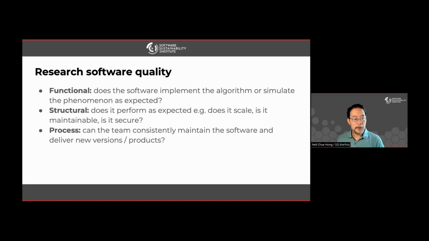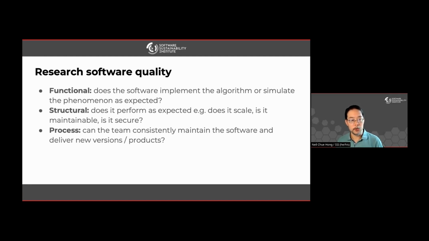So what do I think is the way that we adapt the definition of software quality to be more usable for research software? I think at one level, what we've got to understand is that the process of development of research software is slightly different. And it's got this issue in that sometimes we don't know exactly what the requirements are to start with.